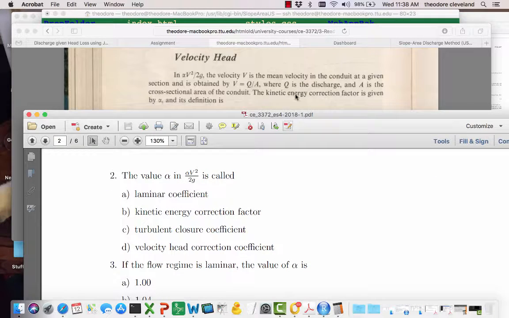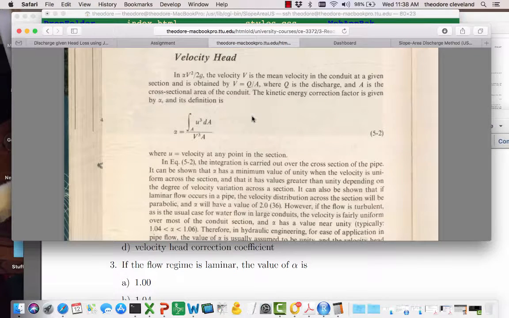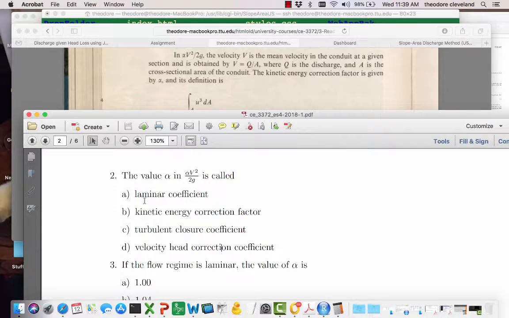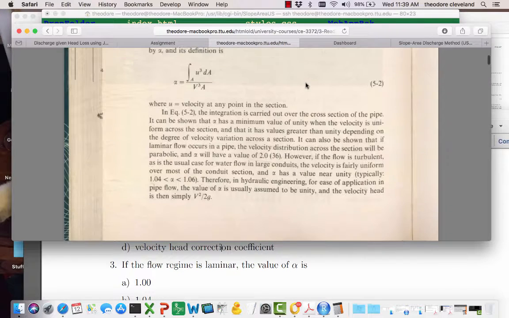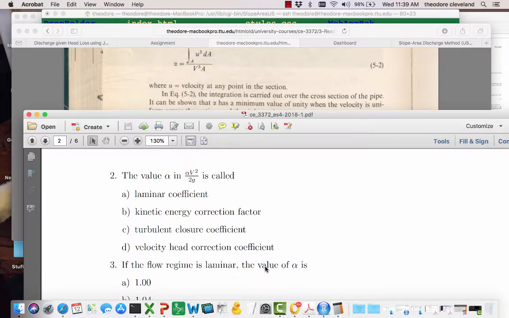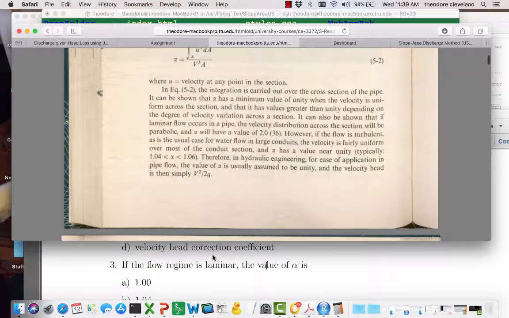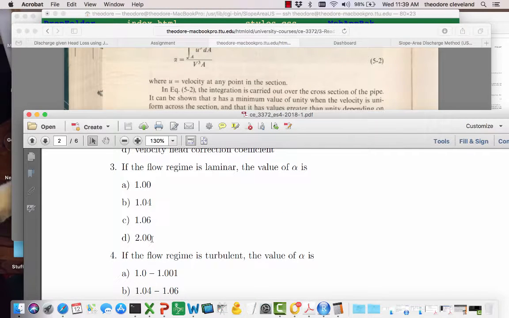Moving down, it says the value alpha in alpha V squared over 2g is called the kinetic energy correction factor. The closest here is kinetic energy correction factor, so the answer would be B. If there's laminar flow in the pipe, the velocity distribution will be parabolic, and hence alpha will have a value of 2.